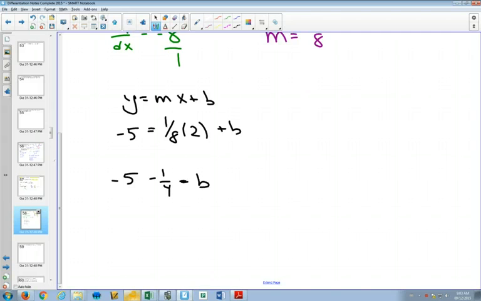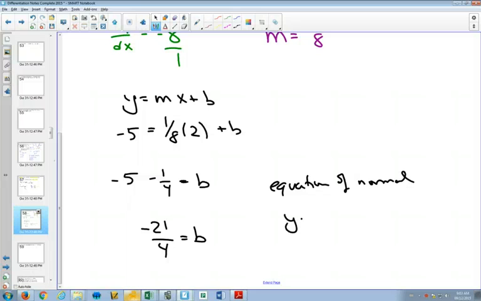You get -5 minus 1/4 is b. -5 is the same as -20/4, so this will be -21/4 equals b. And we can write our equation of our normal as y = 1/8 x minus 21/4, pending any mental math errors.